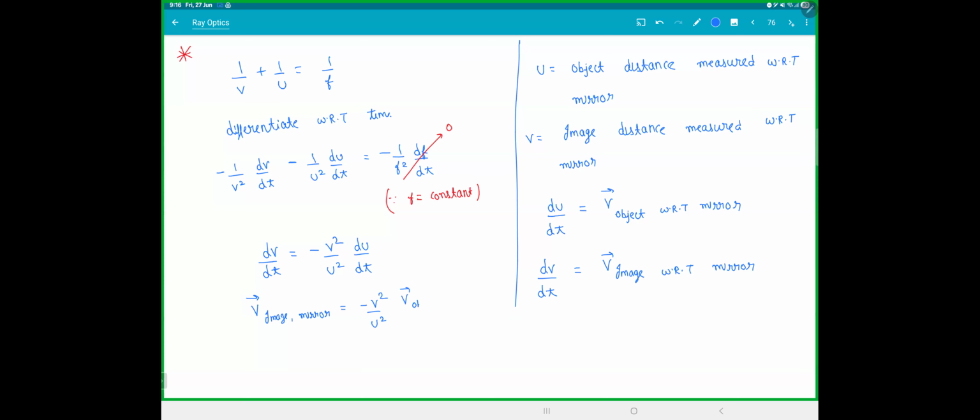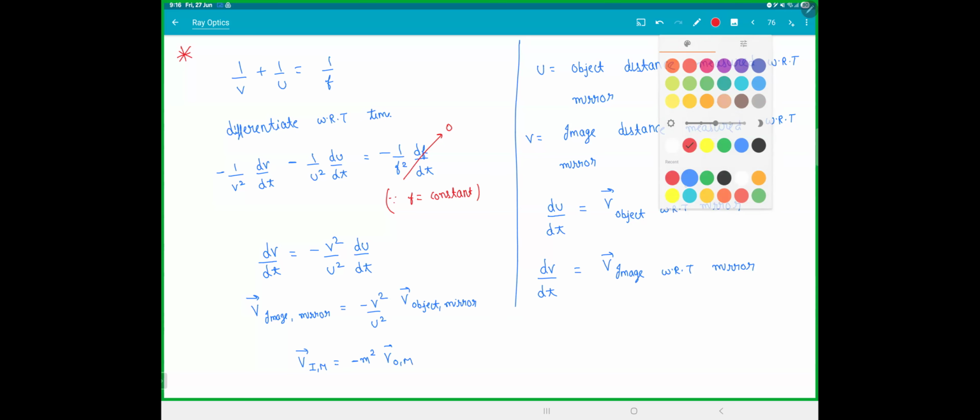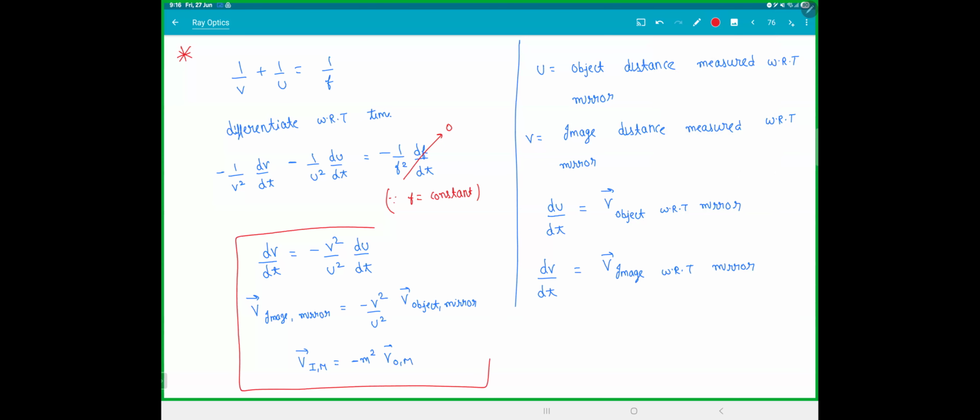This is velocity of object with respect to mirror. V by u is magnification. So I can write this as the image velocity is equal to minus magnification square times velocity of object with respect to mirror. And remember, these formulas are valid only if f is constant.